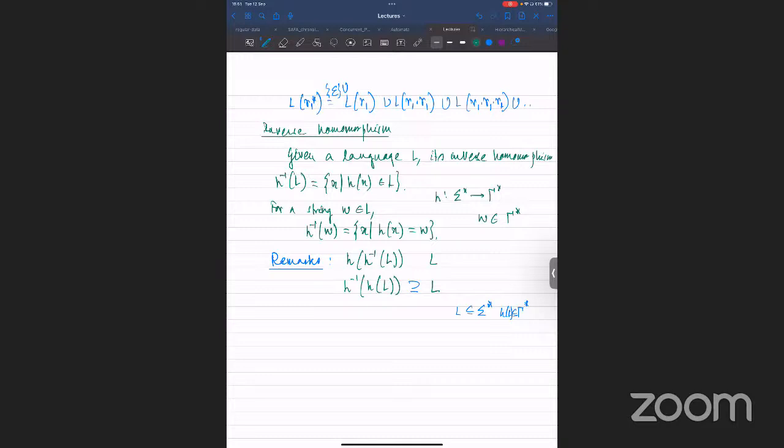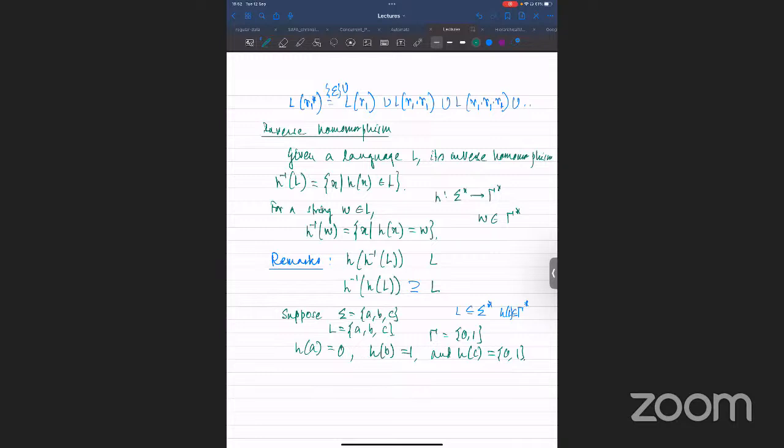I'll give you a small example. Suppose my sigma is the set {A, B, C}, and my L is also the same set {A, B, C}. It's a finite language. Let's say my gamma is {0, 1}, with H of A equal to 0, H of B equal to 1, and H of C equal to 01.